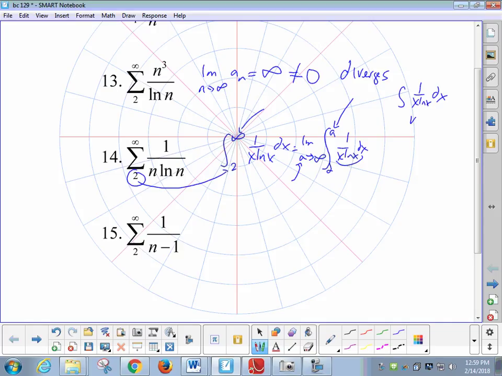But if you need to use u-substitution, then I would suggest you do it off to the side and get something like natural log of the absolute value of u. If you get the natural log of the natural log of x, I guess that one's just x, not absolute value, then that's my antiderivative. So that looks something like the limit as a goes to infinity of the natural log of the natural log of x from 2 to a.